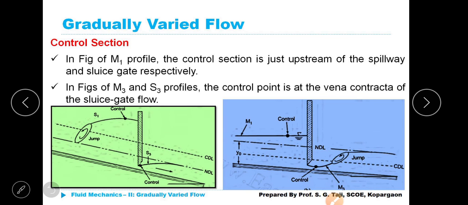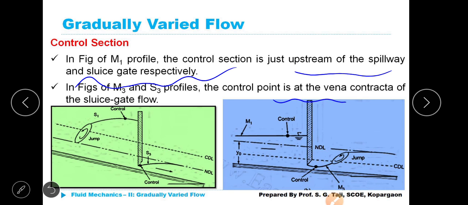In the figure of the M1 profile, the control section is just upstream of the spillway and sluice gate respectively. Examples are shown in the form of photographs also. In the figure of M3 and S3 profiles, the control point is at the vena contracta of the sluice gate flow.